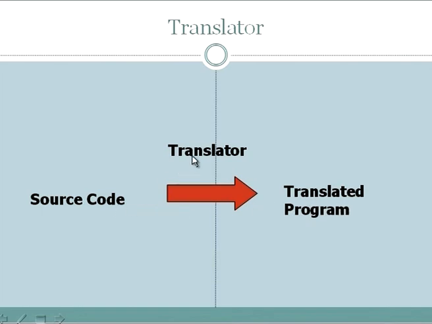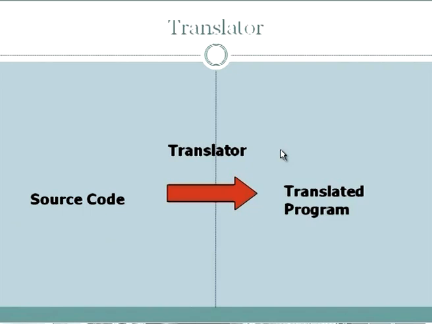So, a translator is software that translates source code written in the high level language to another version called the translated program, and this version of the source code is directly understandable to the computer system. What are these translated programs? What are these versions? We will discuss it later on.